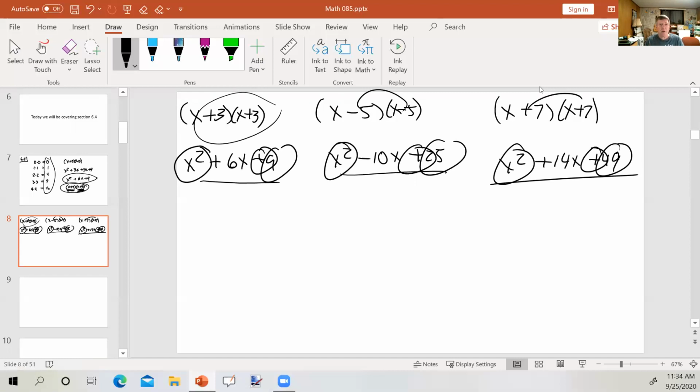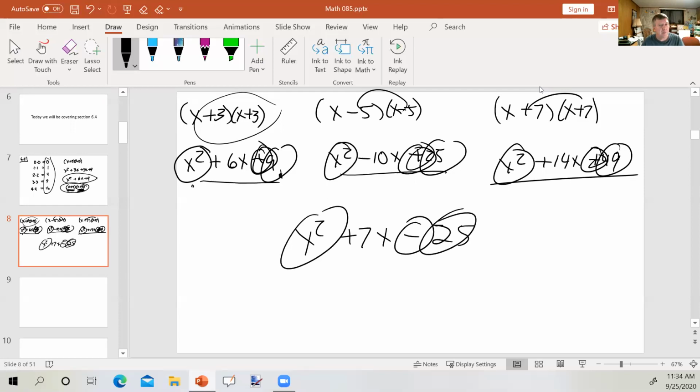So if a trinomial is a perfect square, it has to start with a square, end with a square, and in front of that second square, there has to be a plus sign. So for instance, if I have something like this, x squared plus 7x minus 25, that's a square, but that's a subtraction sign. There's no way there could be two identical factors because you'd have to have a plus sign there. Does that make sense? Yes.